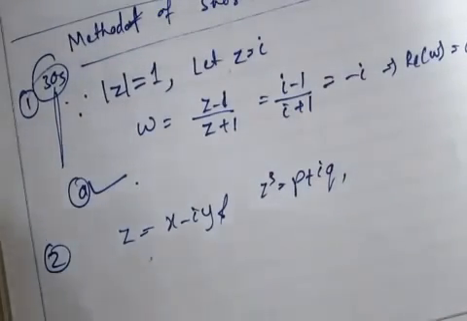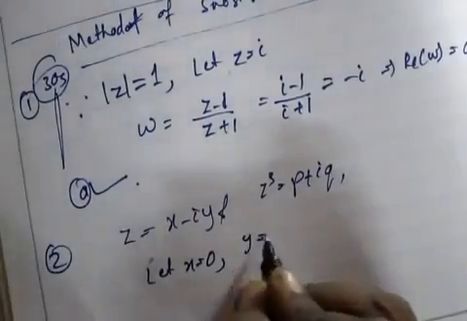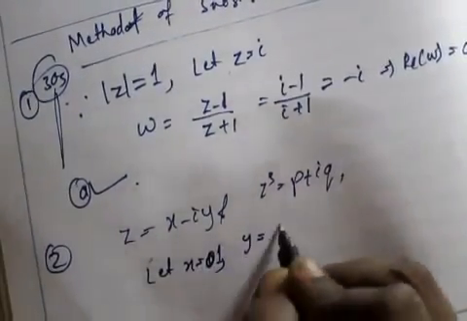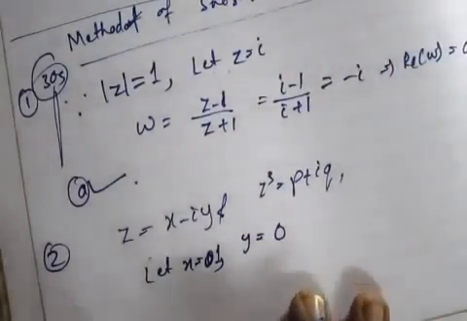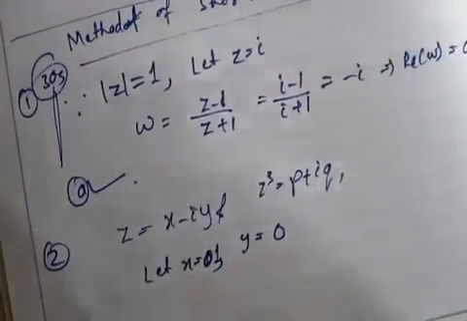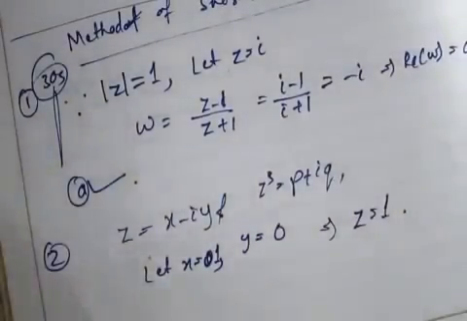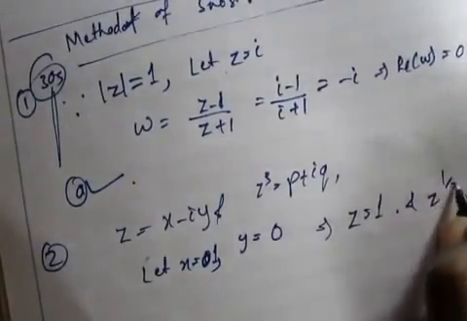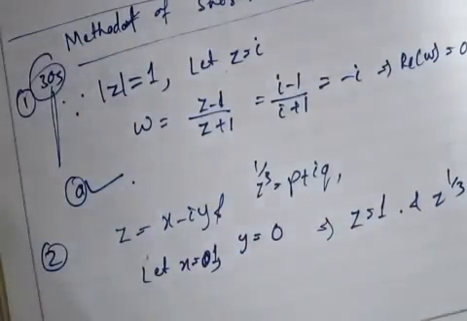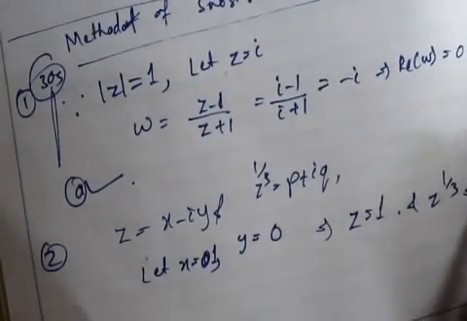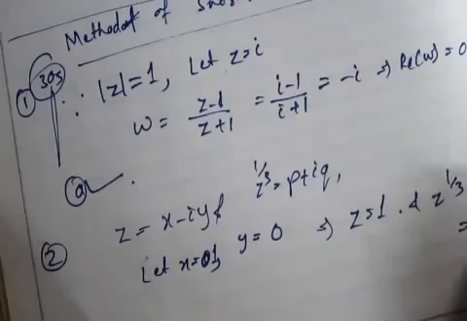Then easily what you can do is let x = 1, y = 0. This implies z = 1, and z^(1/3) = 1^(1/3) = ω, because 1^(1/3) we know is ω.